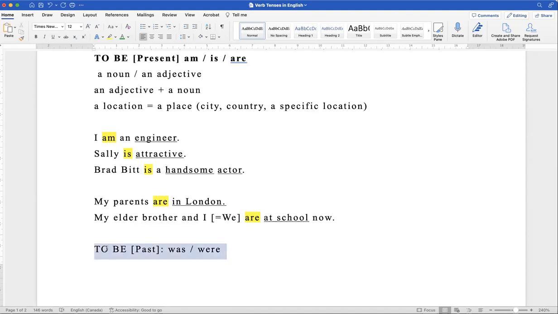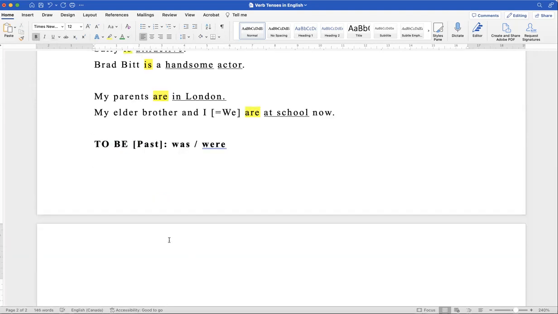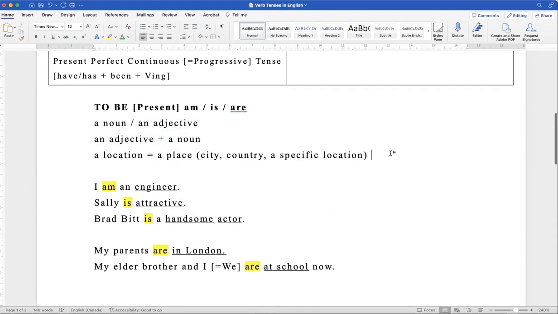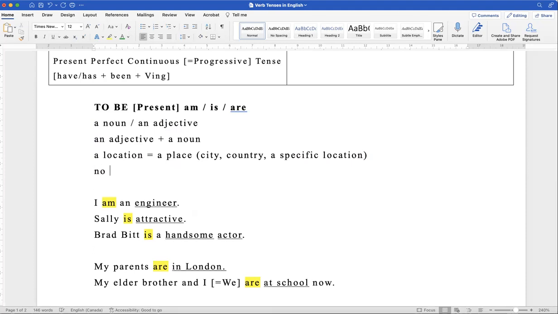So in this case, again, we are talking about a past time expression. But again, the rule is the same. We don't use a verb after to be, no verb. In these examples, no verb. If we use a verb, we need to change the word form.